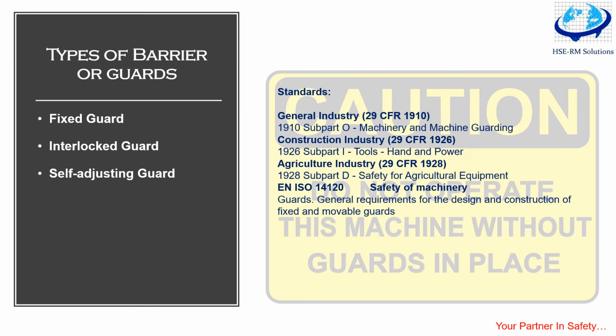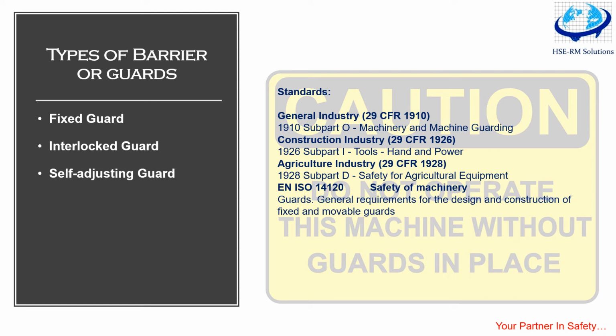These guards allow safe access to the interior part of the machine without requiring a total disassembly. However, they can be easy to open by accident and require careful adjustment and maintenance.